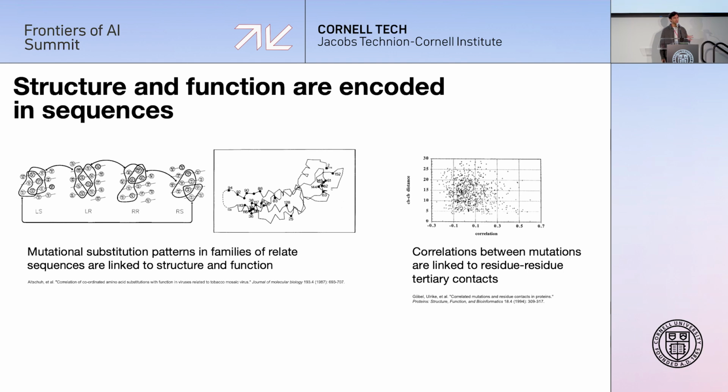The structure and function of a protein is really embedded inside of its sequence. The sequence determines what the structure and the function of the protein will be. So you can imagine that if you could have really strong representations of a protein sequence, then you should be able to pull the structure and function of the protein out of those sequences.